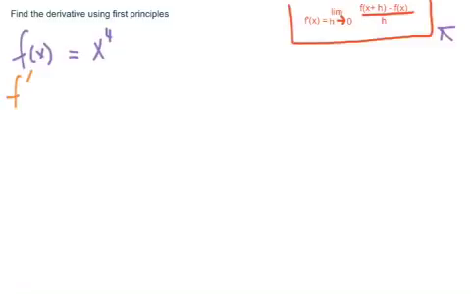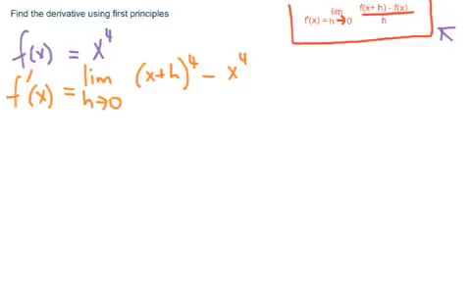So f dash x is equal to, we're just going to substitute in this formula, the limit as h tends to 0 for, okay, now we're going to substitute. So we have x plus h to the power of 4 minus x to the power of 4 all over h.